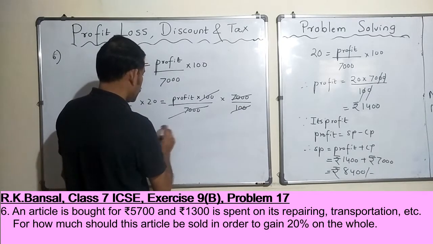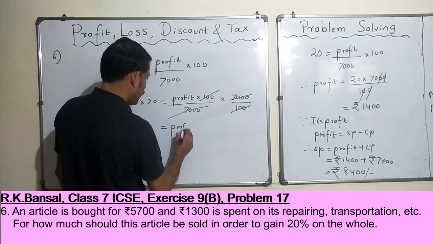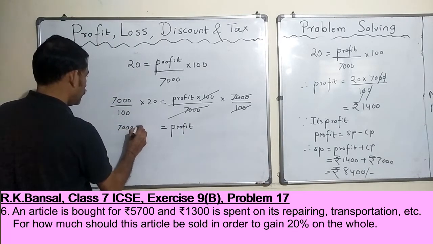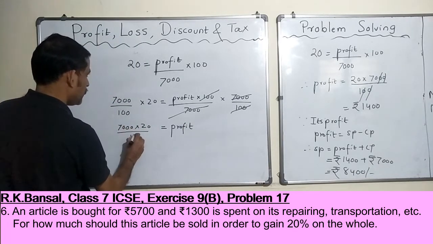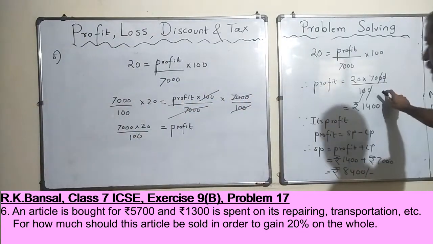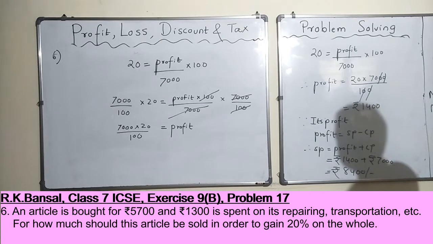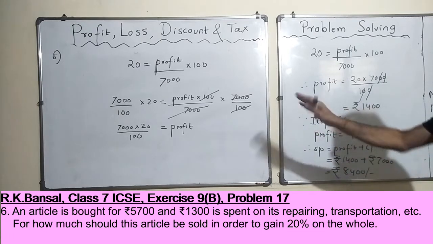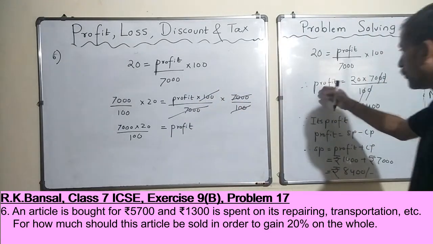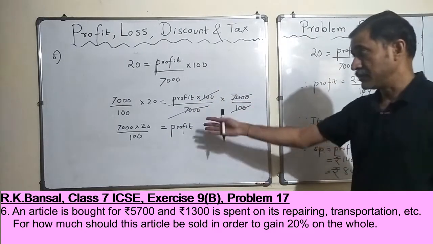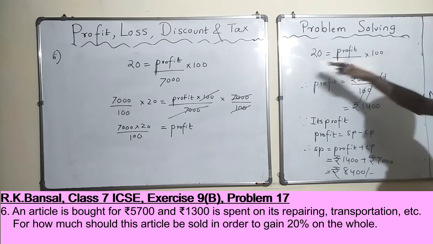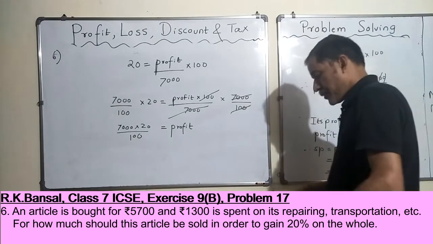So this is profit and this is 7,000 into 20 by 100, which is same as this. I can write it either this way or this way, but most important thing is you understood how we got this.